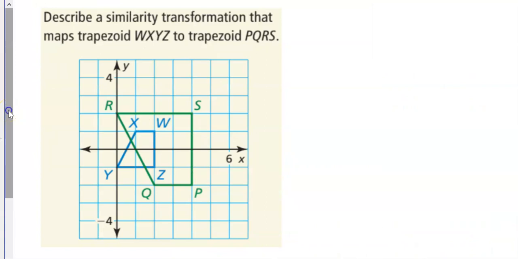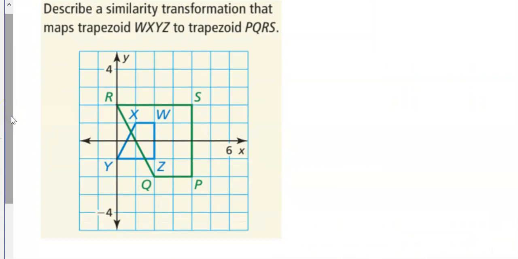So here we have a transformation that maps trapezoid WXYZ to trapezoid PQRS. Okay, we want to describe it. The original one is the blue one, WXYZ, and it maps that trapezoid to the larger green one, PQRS. So what is it actually doing first? Hopefully you can see here, I'm going to compare a couple different things.